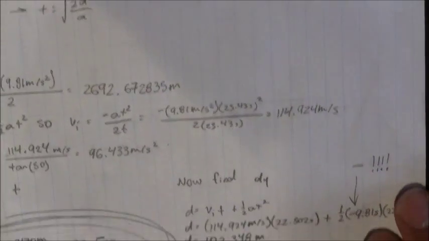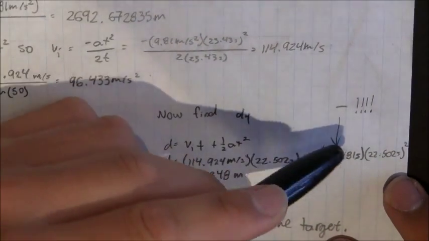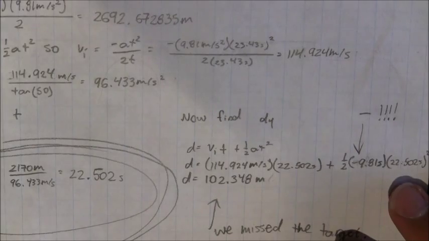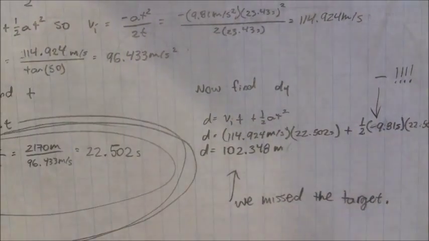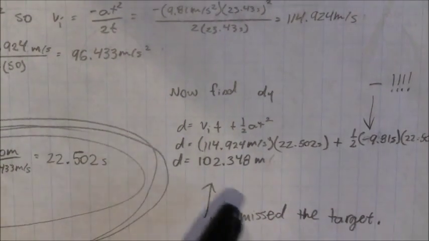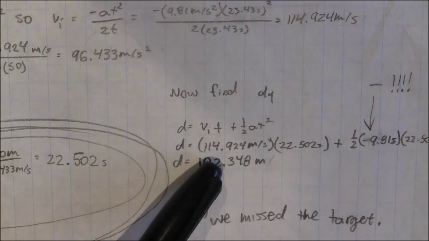And you just go back to our formula. Now, I highlighted this. Make sure that if it's traveling up, it's negative. The acceleration due to gravity is negative. And you just plug it in. So you say the vertical component of its velocity is, in this case, 114.924 meters per second.